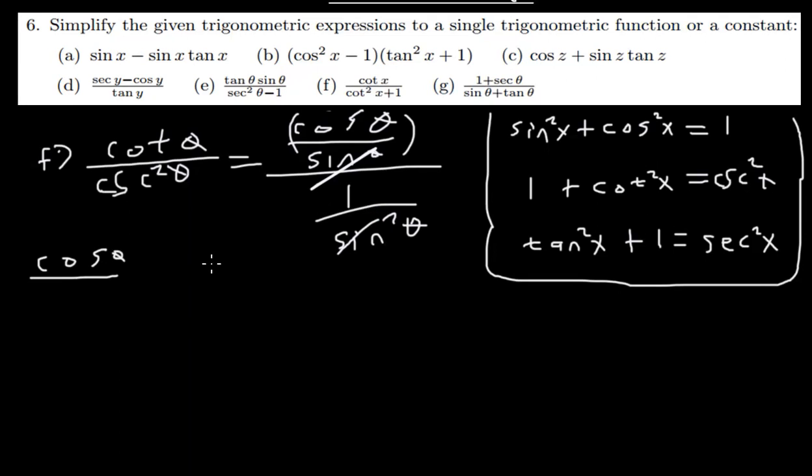So meaning you are just going to remain with cos theta on top, and then underneath there is 1 over sine theta.